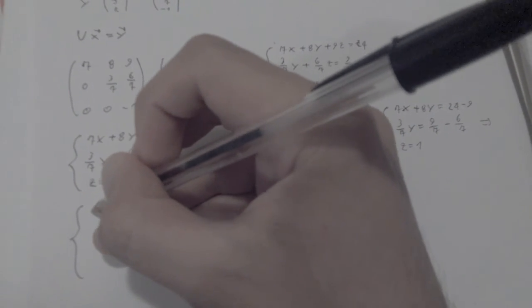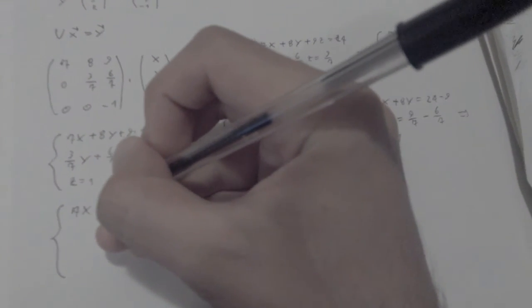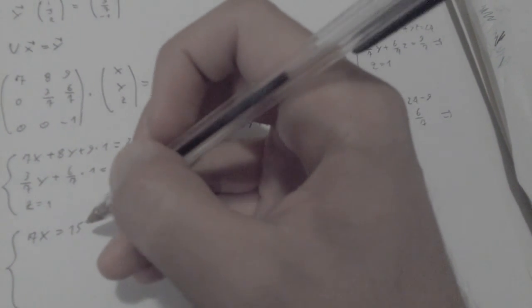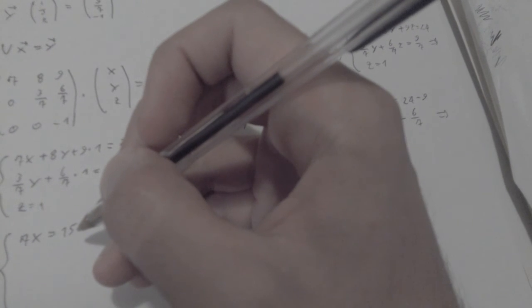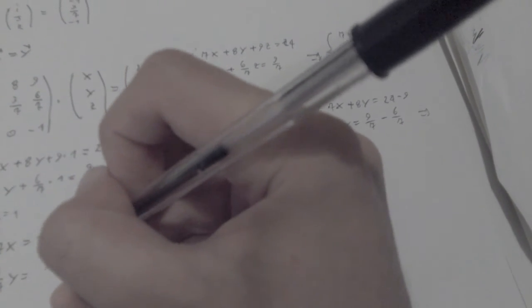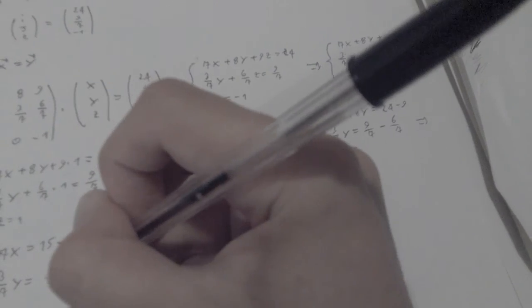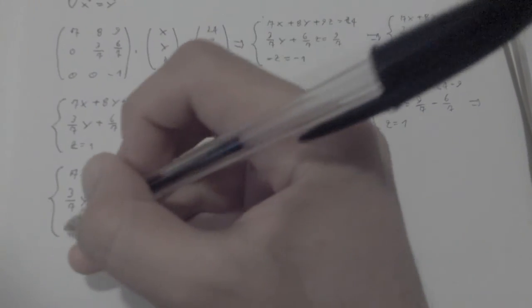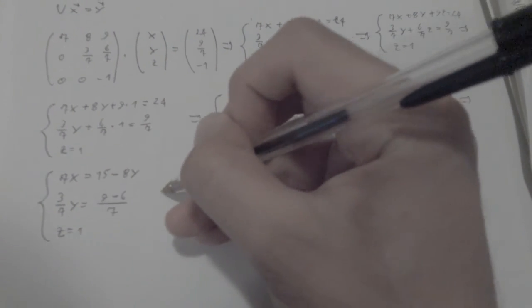Okay, so I'm gonna get 7x equal to 15 minus 8y, 3 over 7 y equal to 9 over 7 minus 6 over 7, and z is still equal to 1.